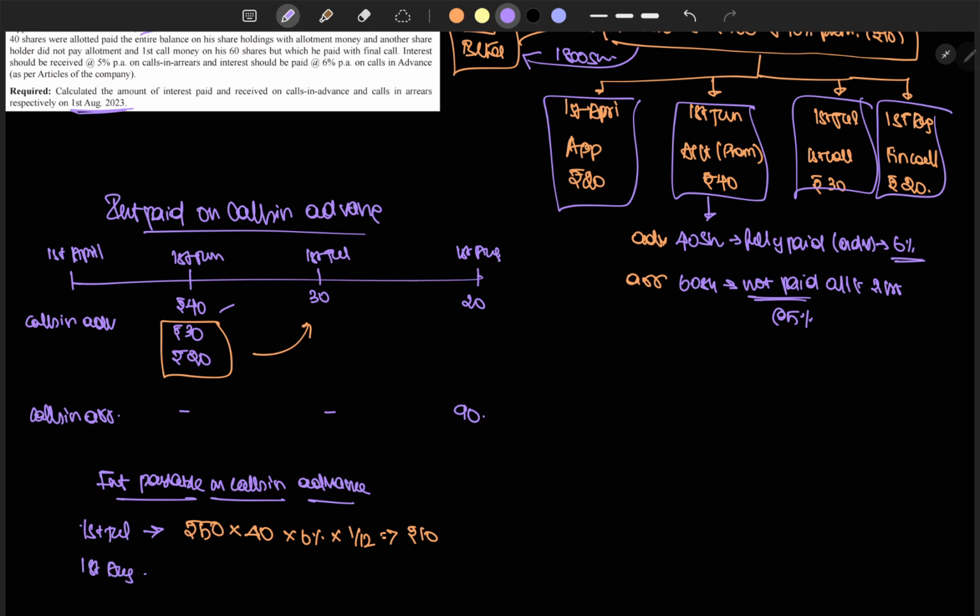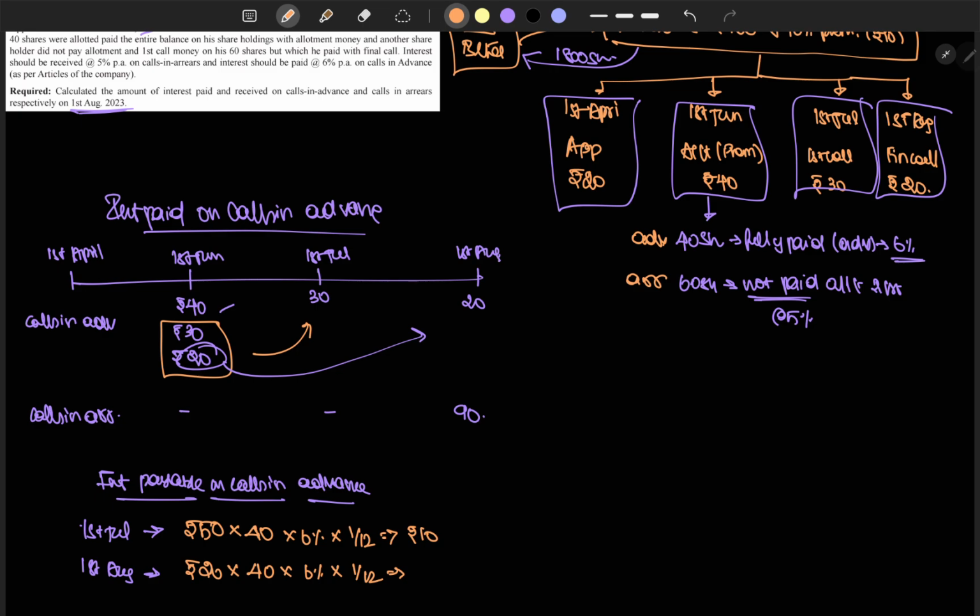On 1st August, what could be the interest? The rupees 30 will be exhausted on July 1st, so the balance in the calls in advance column is only 20 rupees. For the 20 we need to pay interest: rupees 20 into 40 shares into 6 percent into 1 by 12.